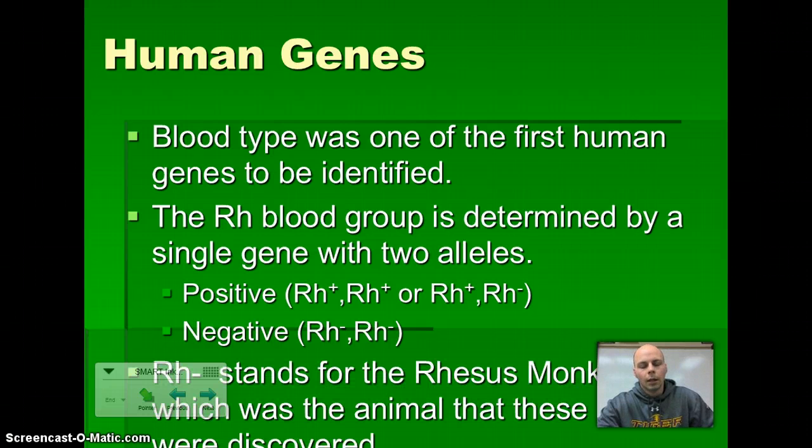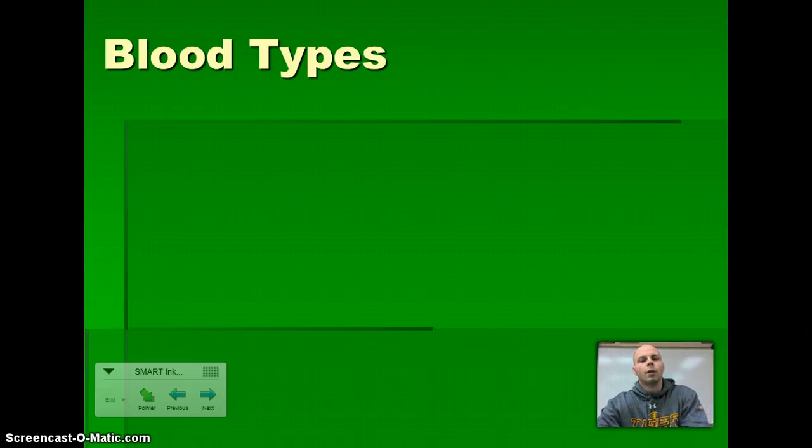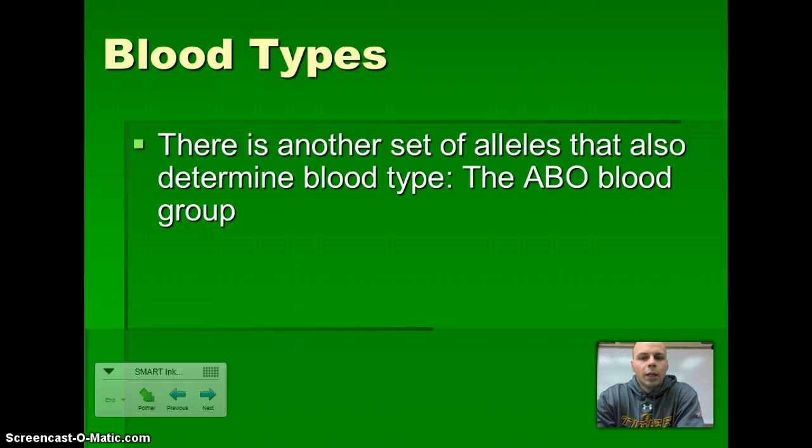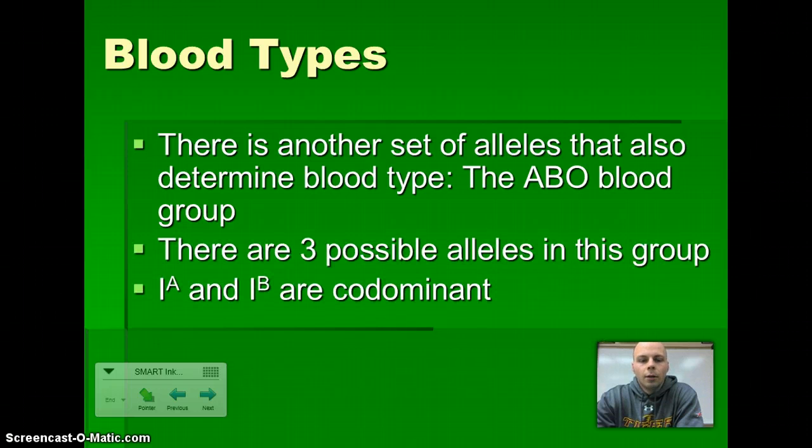And that Rh, again, is because it was first discovered in the rhesus monkey, that's why they call it the Rh factor. The other portion of the blood types is called the ABO group. With that ABO group, you can either have an A, an AB, a B, or a type O, and all of those are because A and B are co-dominant.